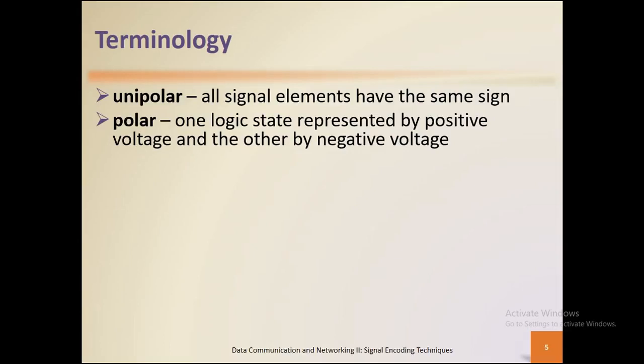Unlike the unipolar, where you have just the same voltage pulse, which could either be positive or negative, the polar has one logic state represented by positive and the other represented by negative. Are we good? So in other words, we have two logic states or logic levels within a polar signaling.